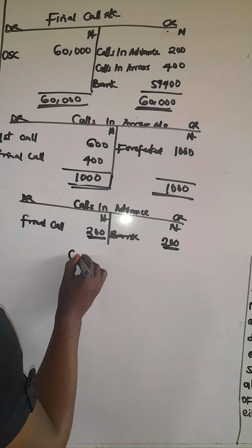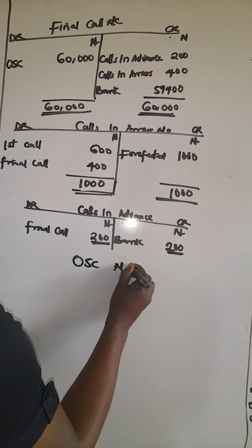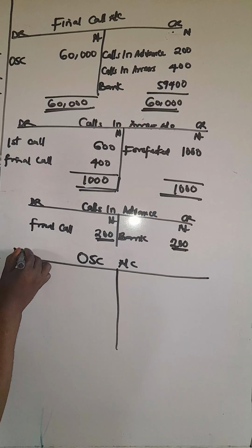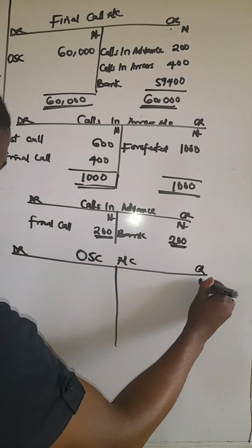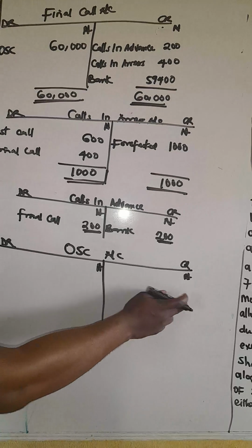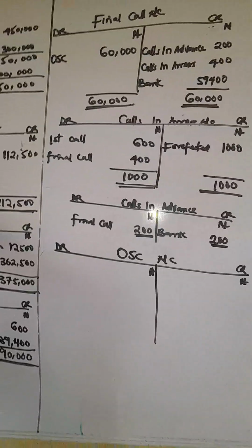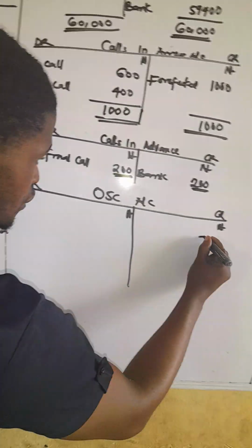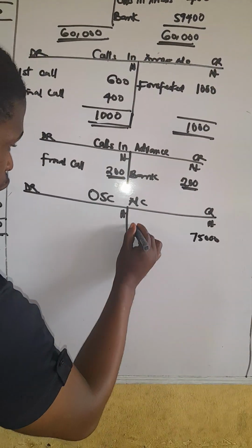Ordinary share capital account now. Ordinary share account. Now, anywhere I see my ordinary share capital account, I'll bring that to the corresponding side, which is the credit side. There is this ordinary share, 75,000. I will transfer it to this side. It's coming from where?